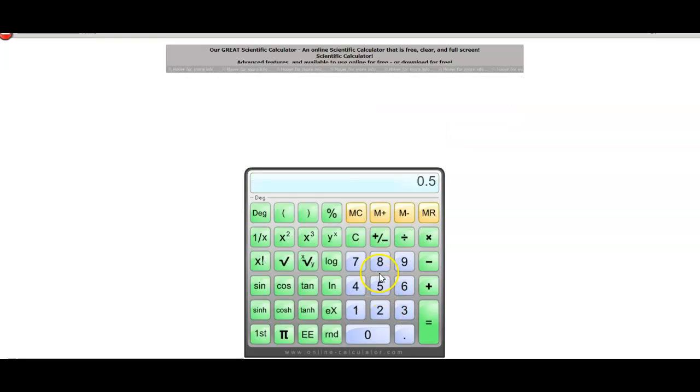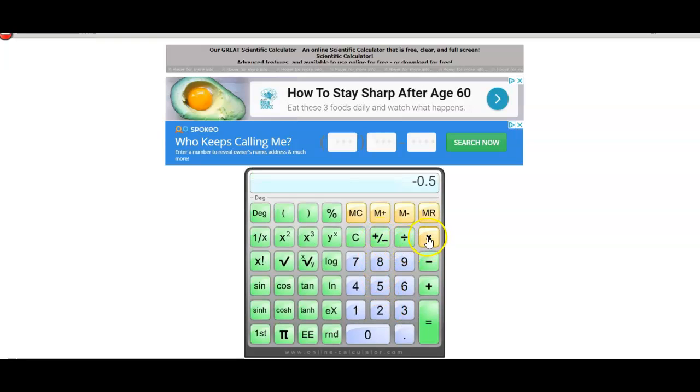So 0.5, and then I do the negative, times 6 is -3. Now I hit E to the X, and now I times that by 25,000. And so that's how you get your answer.